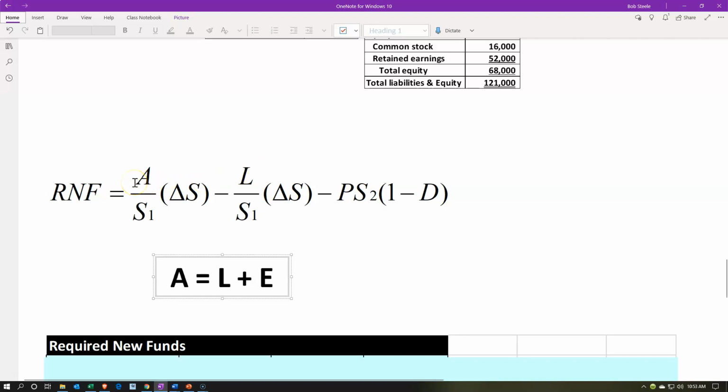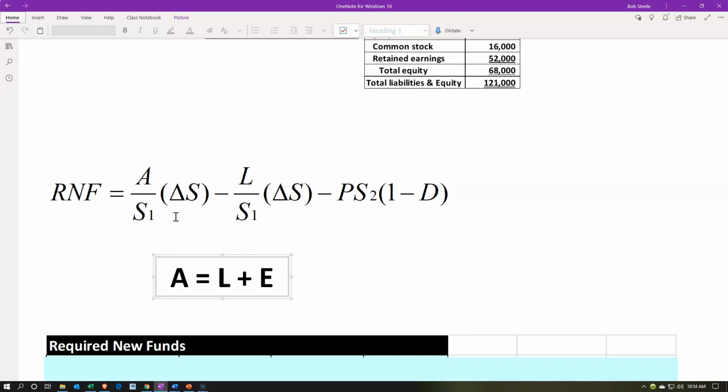We have the total assets. And notice we're taking total assets because we're assuming all the assets are working at capacity, so even the fixed assets are going to change relative to sales. So we'll take the total assets divided by the current year sales, times the change in the sales for the future period, meaning future period minus the current period.